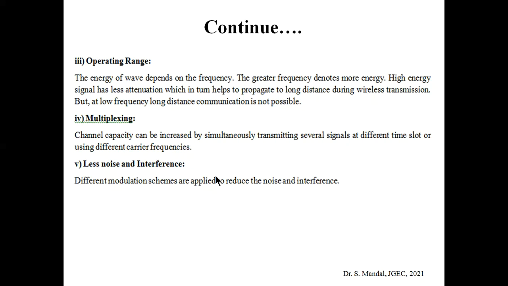Next point is multiplexing. As the name suggests, multiplexing means many into one. It can be shown that channel capacity can be increased by simultaneously transmitting several signals at different time slots or at different carrier frequencies. There are two kinds of multiplexing, time division multiplexing and frequency division multiplexing, and we shall discuss these techniques in the upcoming classes.